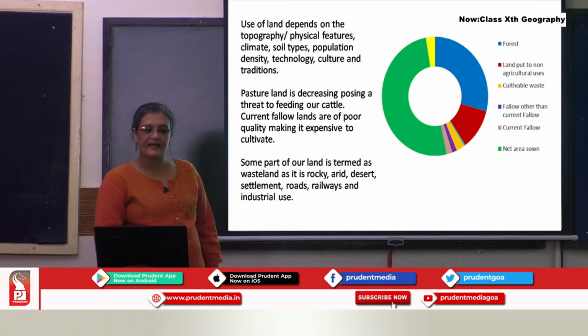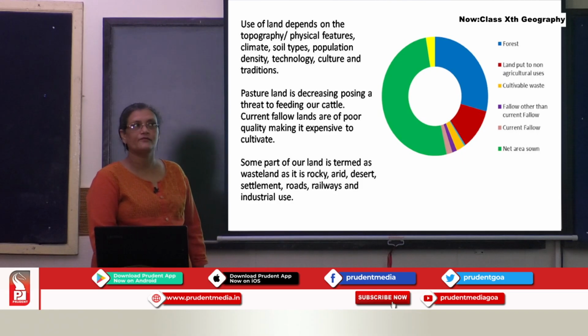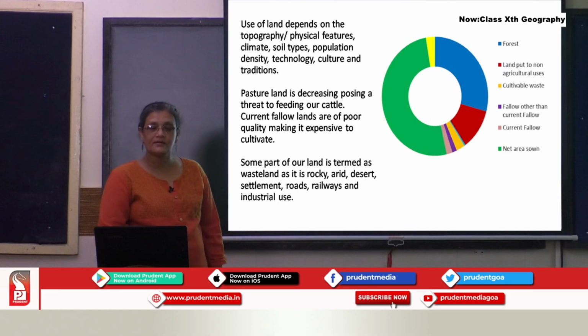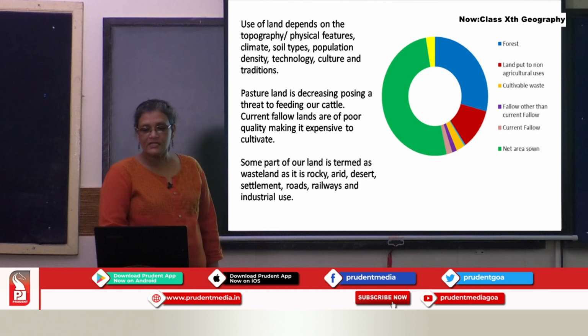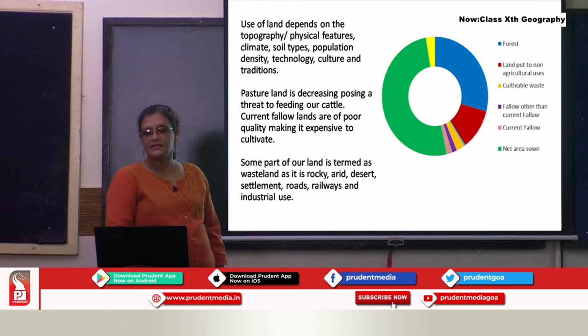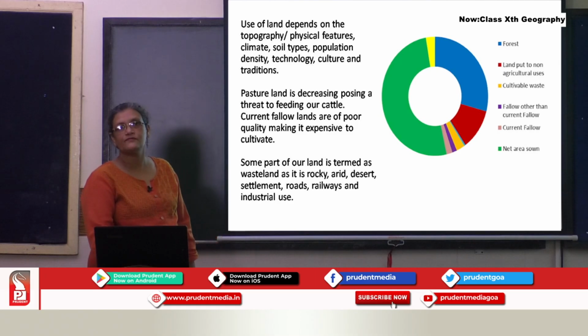Depending on all these factors, we may use the land either for housing, for cattle rearing, for recreation and what have you. The pie chart tells us very clearly how much of land is utilized for what purpose.